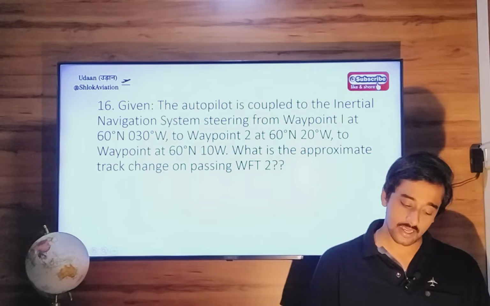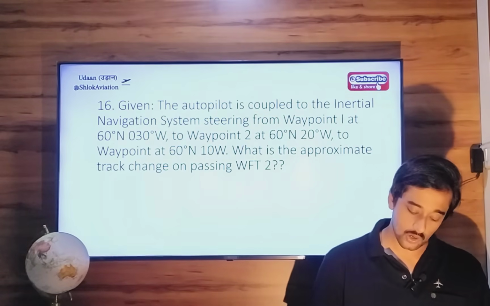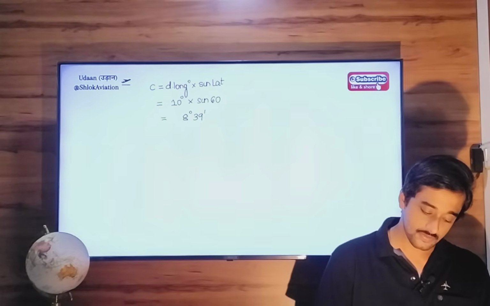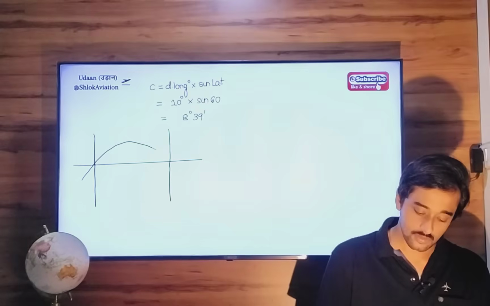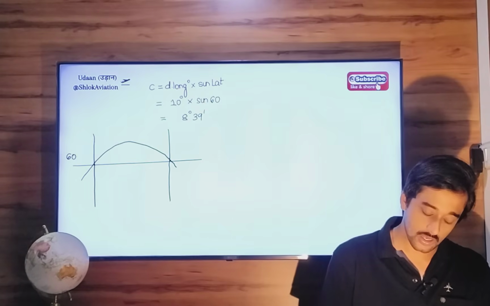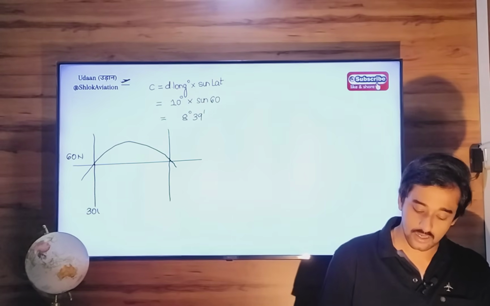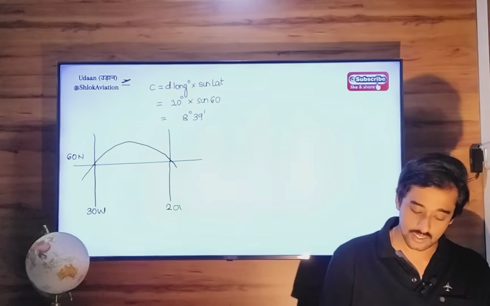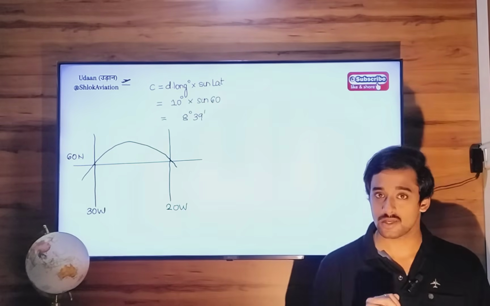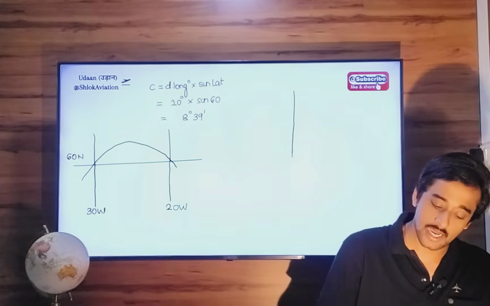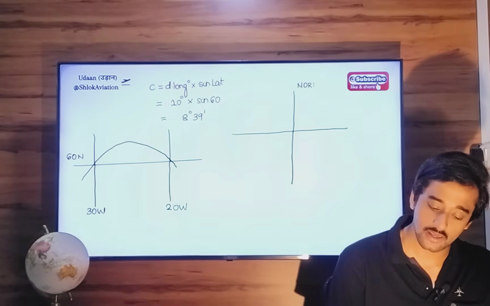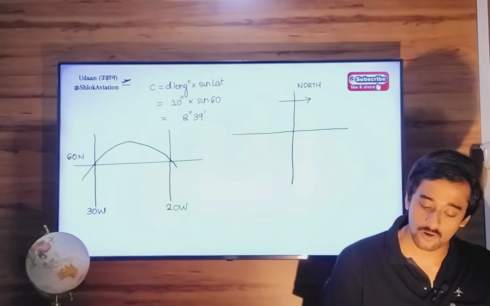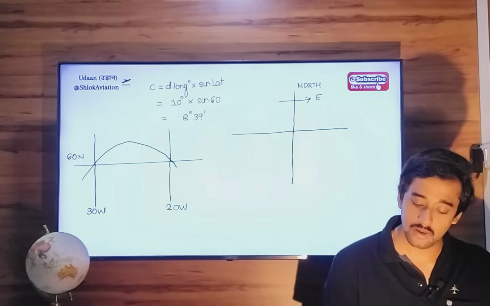So what will happen? You're traveling from 60 north, 30 west to 20 west. So you are in the northern hemisphere. We all know this diagram, which says if you are in the northern hemisphere and you travel east, there will be a great circle direction increase.